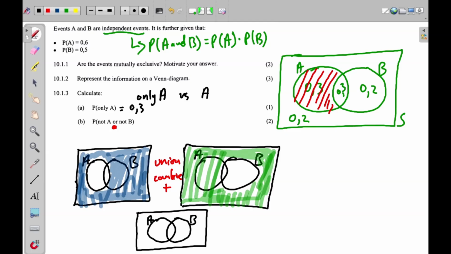I'm actually going to do it in a very literal sense. Let me start with the blue. I'm going to bring the blue coloring to life in this diagram, which is not A. So there it is. Now I'm going to bring the green coloring. Watch.